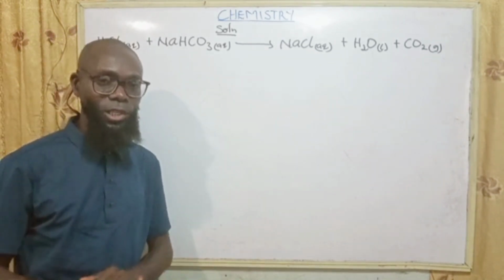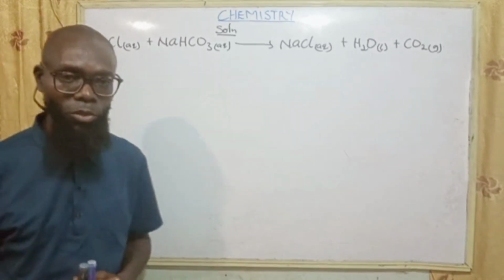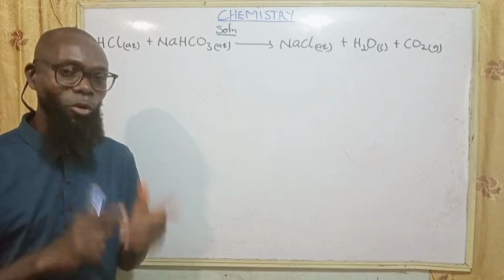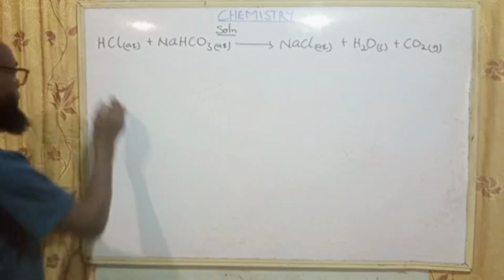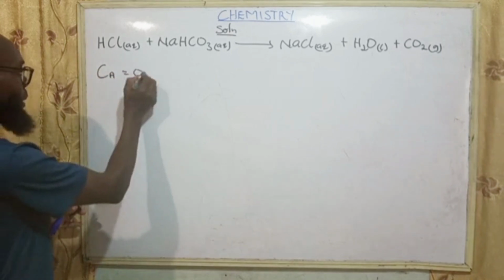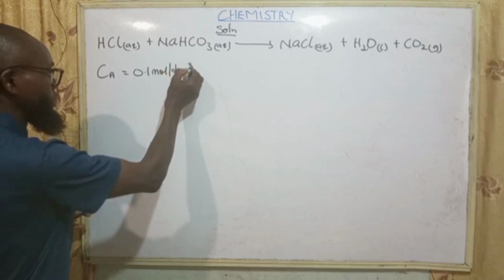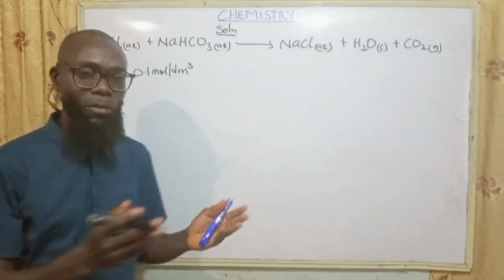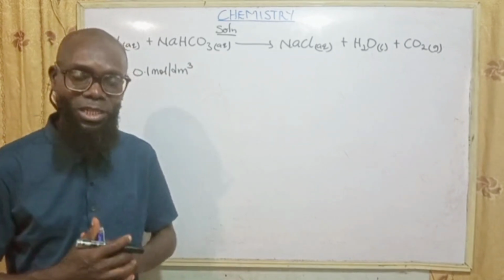The question says A is 0.1 mole per dm cube HCl. Anything in mole per dm cube we know is concentration. Now concentration of the acid is equal to 0.1 mole per dm cube, and B contains a mixture of sodium hydrogen trioxocarbonate 4 and potassium chloride, which is 15 grams per dm cube.